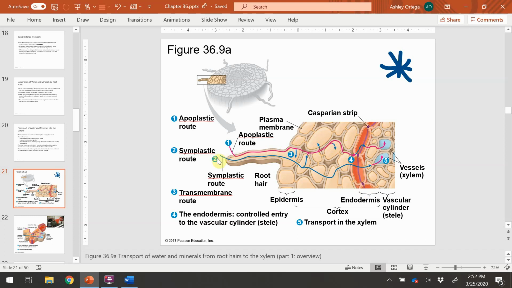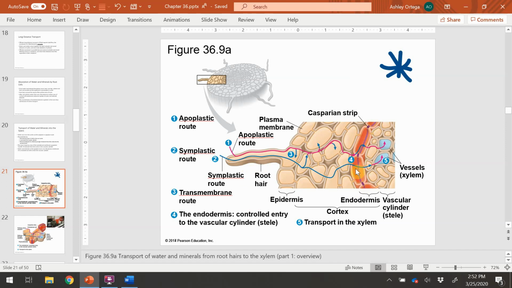Whereas the symplastic route is going to go inside the cell and go from cell to cell between the openings, the plasmodesmata, and then eventually it's going to hit the endodermis layer. So that's something we will see. The endodermis is going to be our regulator.